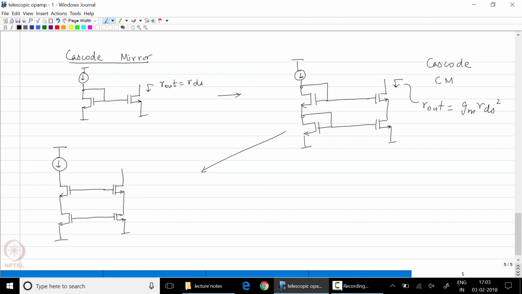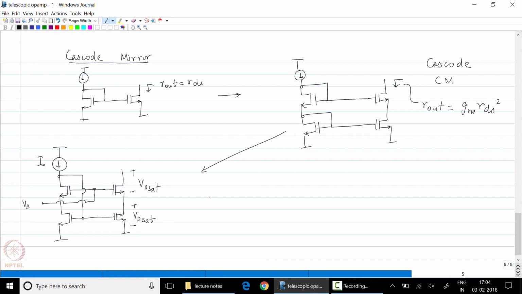The difference is that the feedback is taken from this particular node, and the gate of the upper transistors is tied to a bias voltage such that this is approximately 1 VDSAT, this is approximately 1 VDSAT.